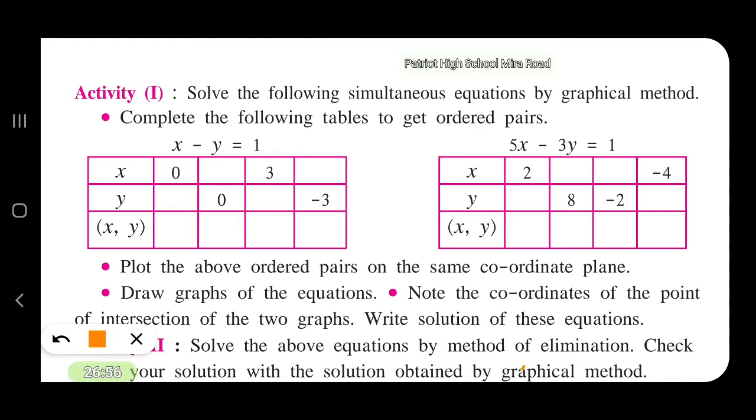You take y is equal to minus 3. So what will happen? X minus y, and the value of y is minus 3, is equal to 1. Therefore x plus 4 is equal to 1. Therefore x is equal to 1 minus 4, that is minus 3.